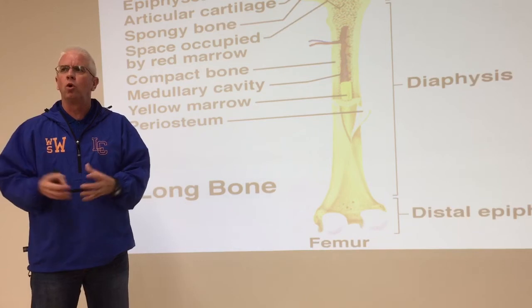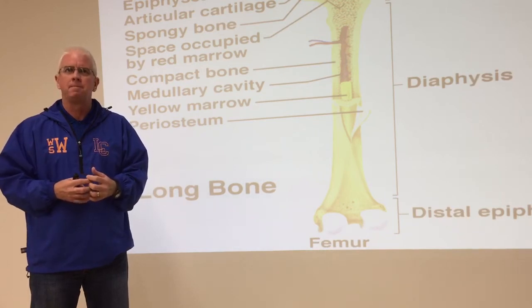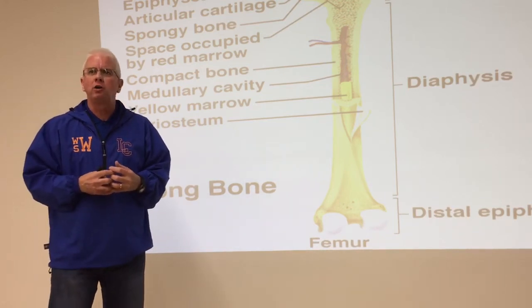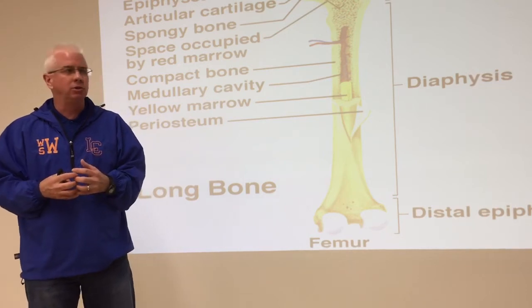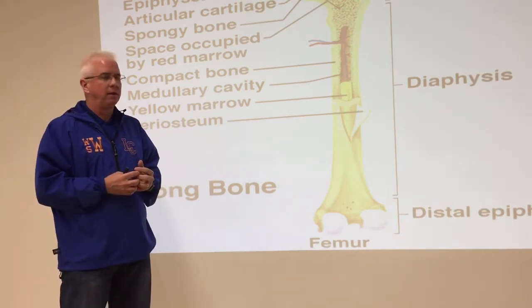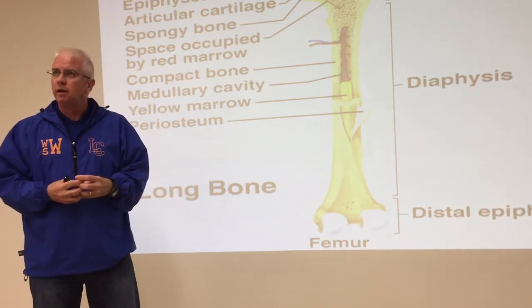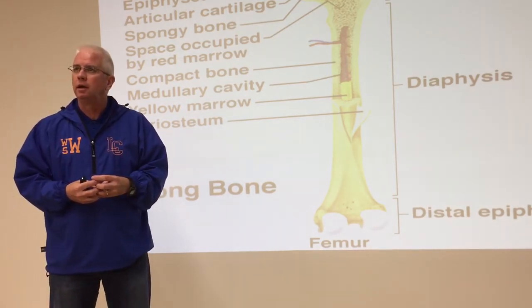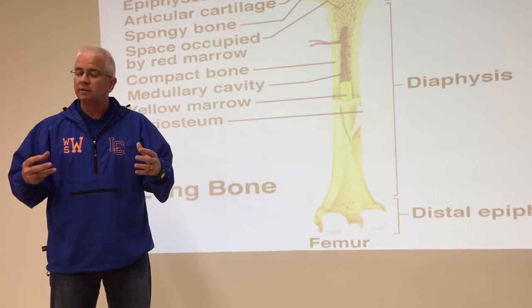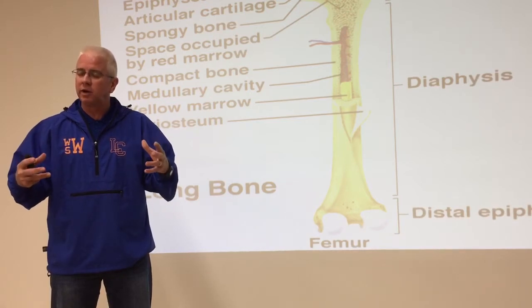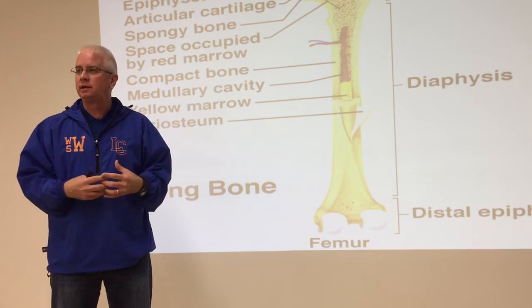Let's say one more word about that. As we talked about blood in the connective tissue, I mentioned to you that this blood is all produced from stem cells that we call hematopoietic cells.